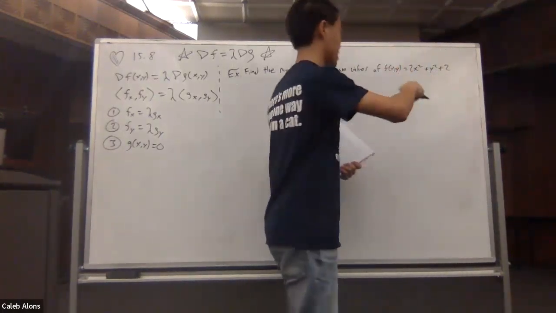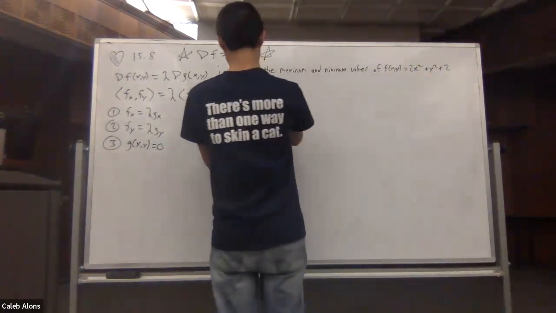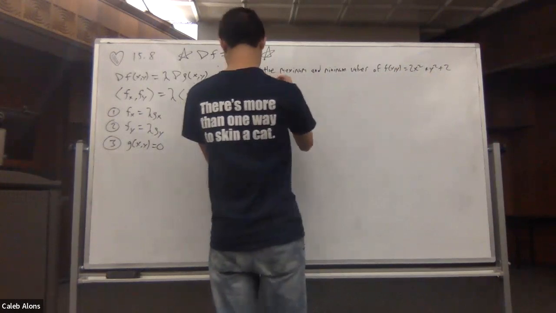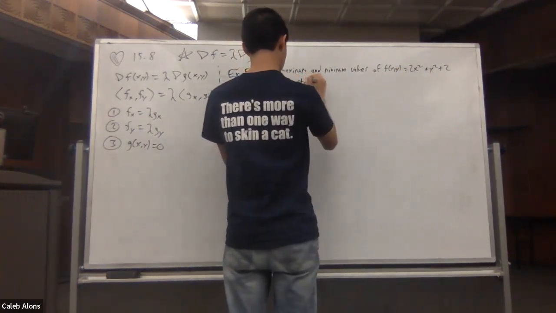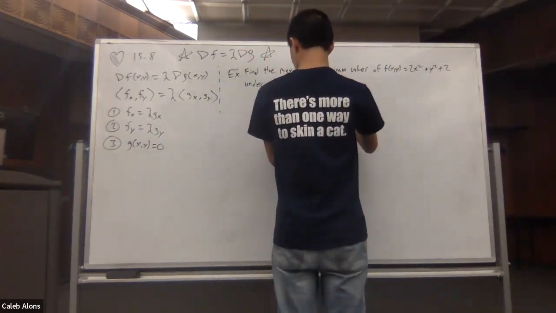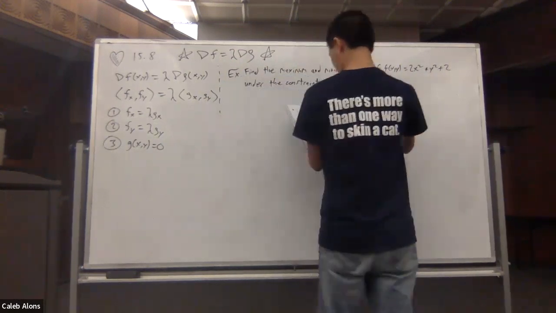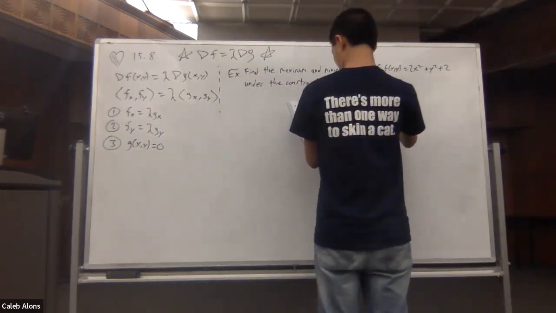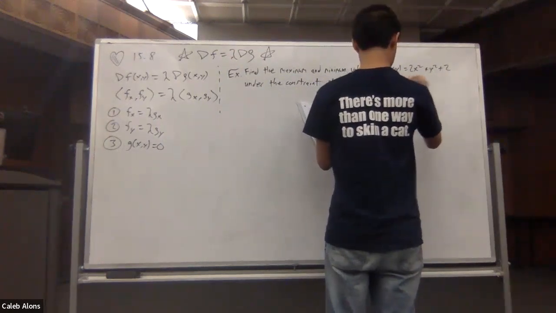Everyone recognizes what this is because they studied their quadric surfaces. Under the constraint, let's constrain this to g(x, y) is equal to 2x squared plus 4y squared minus 4 equals 0.